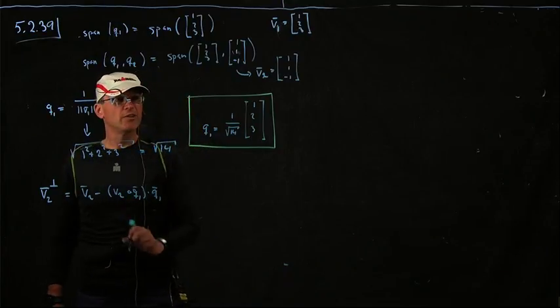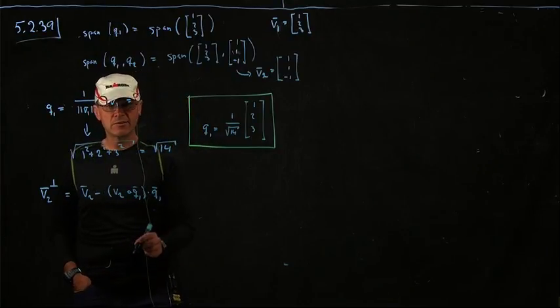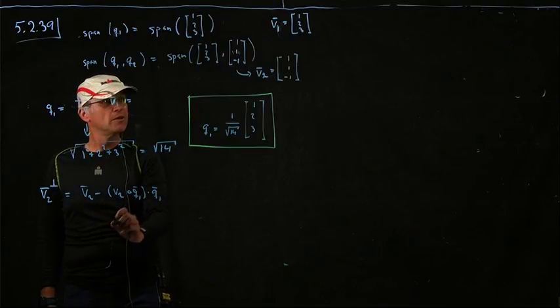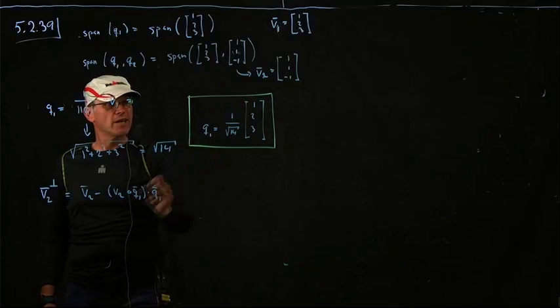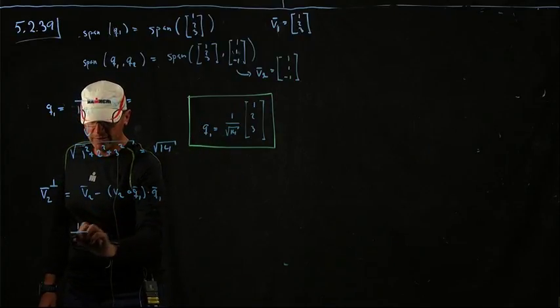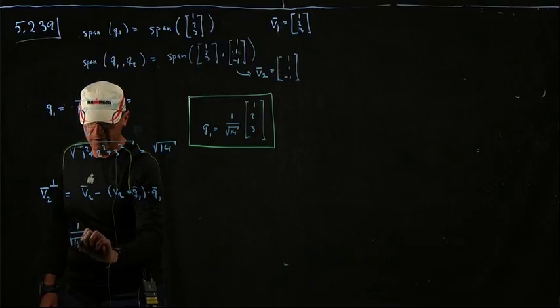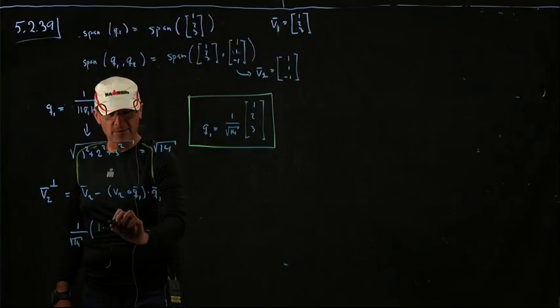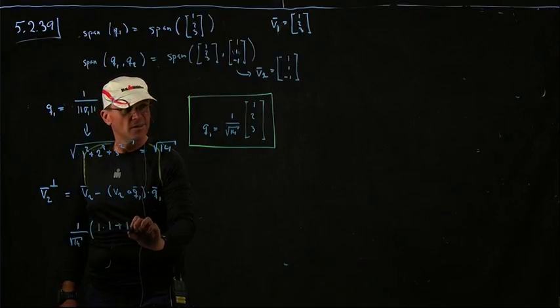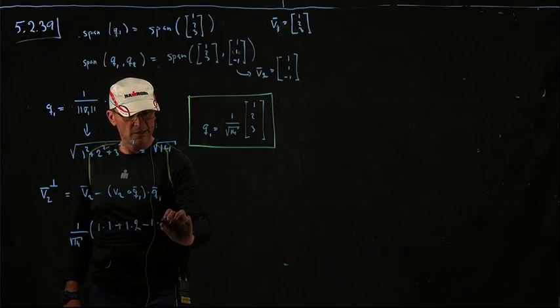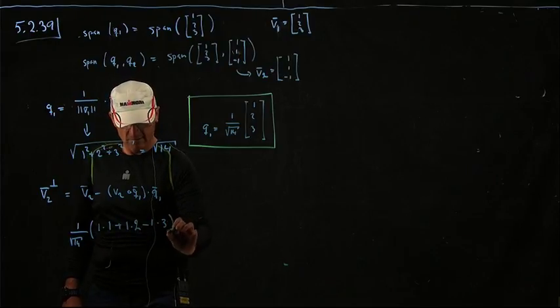So we have to compute this dot product. We have the entries in V2, so they are 1, 1, negative 1. Let's pull out the 1 over square root of 14, and then we just have 1 times 1 plus 1 times 2 minus 1 times 3.